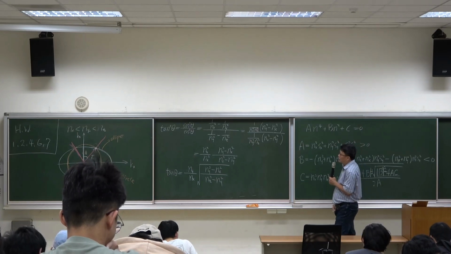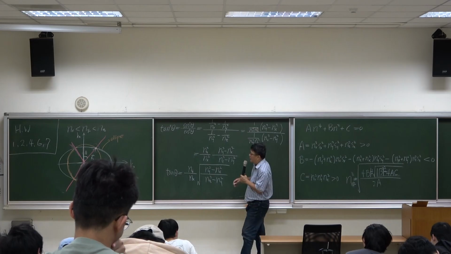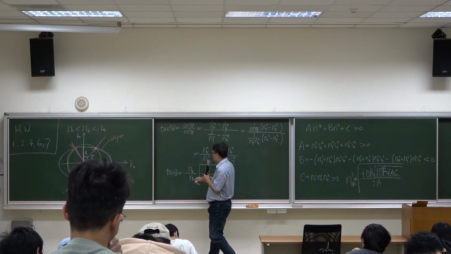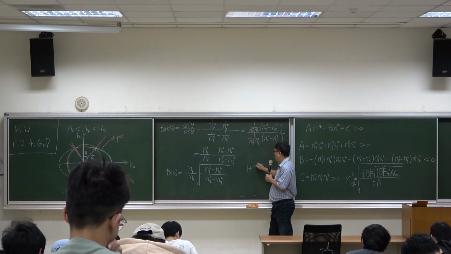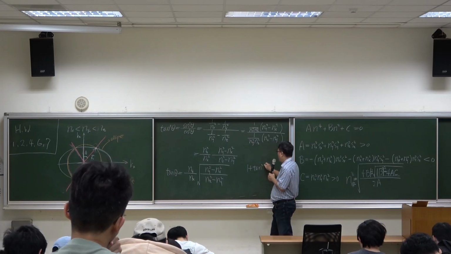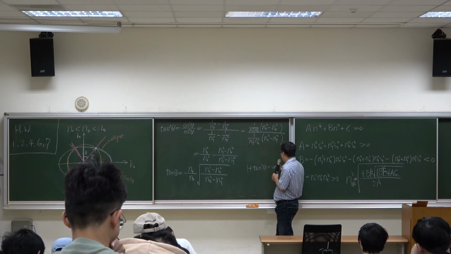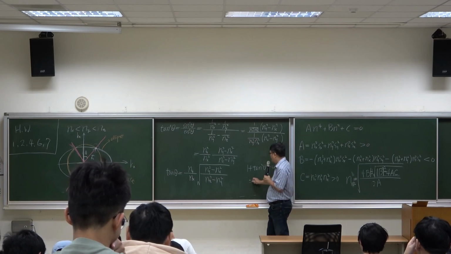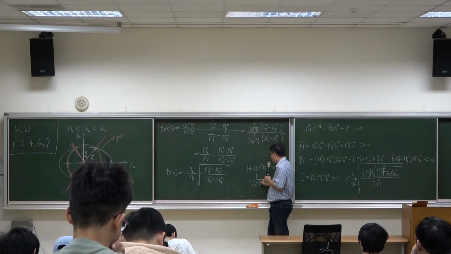If you want to find cosine theta or sine theta, you can use this tangent. Use the identity 1 plus tangent square equal to secant square, and the secant square is equal to 1 over cosine square.